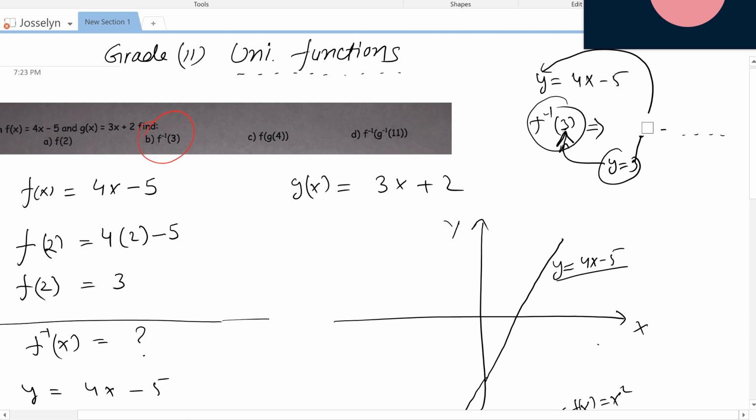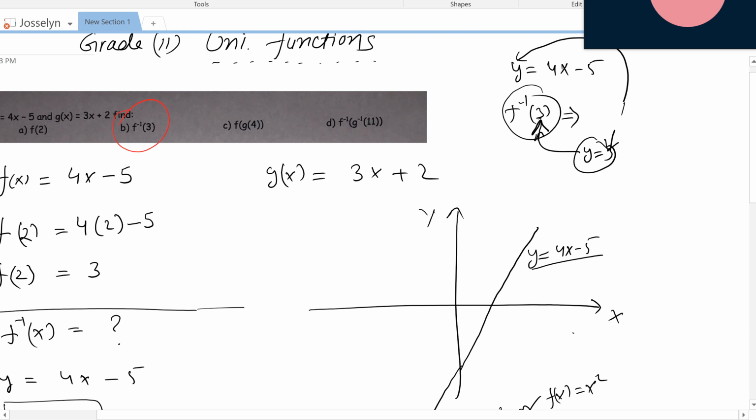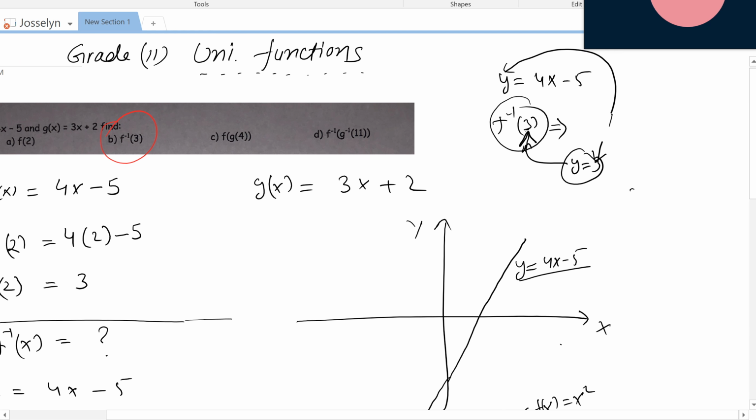Because f inverse is going to have opposite coordinates. So coordinates flip. So in this form, we see that this is the x value, and f inverse is representing y, and we know that when you do the inverse of that, the thing's gonna flip. So when you substitute y in there, you will get 3 equals 4x minus 5, and you're gonna get a corresponding x value.